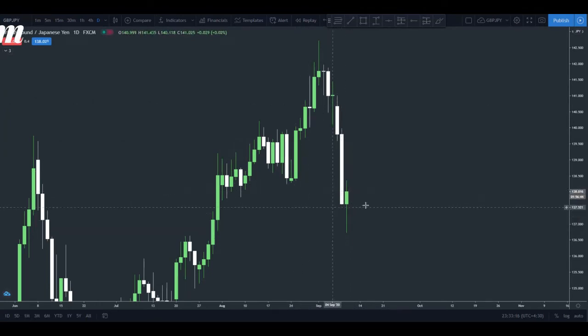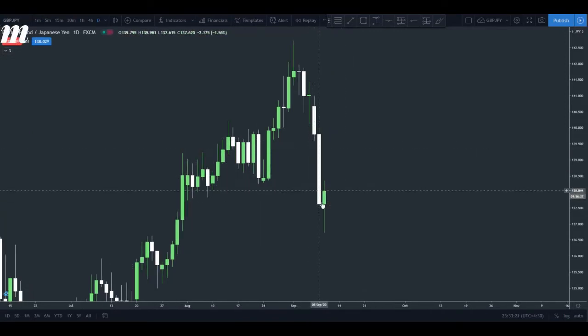It dropped till around this area. And as you see, the latest day here was a good bearish candle, but it doesn't have a bottom wick. So it kind of shows us some rejection at the daily time frame.